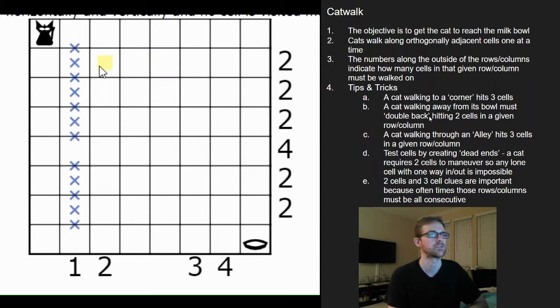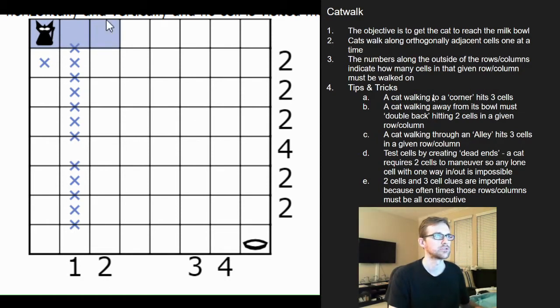But the problem is you can't go back on the same cells you walked on. So what would happen is I'd go down, I'd come up, and then somehow I'd have to circle back, and then I'd have too many. So I actually know that I can't go down here. So I'm going to have to walk over here.